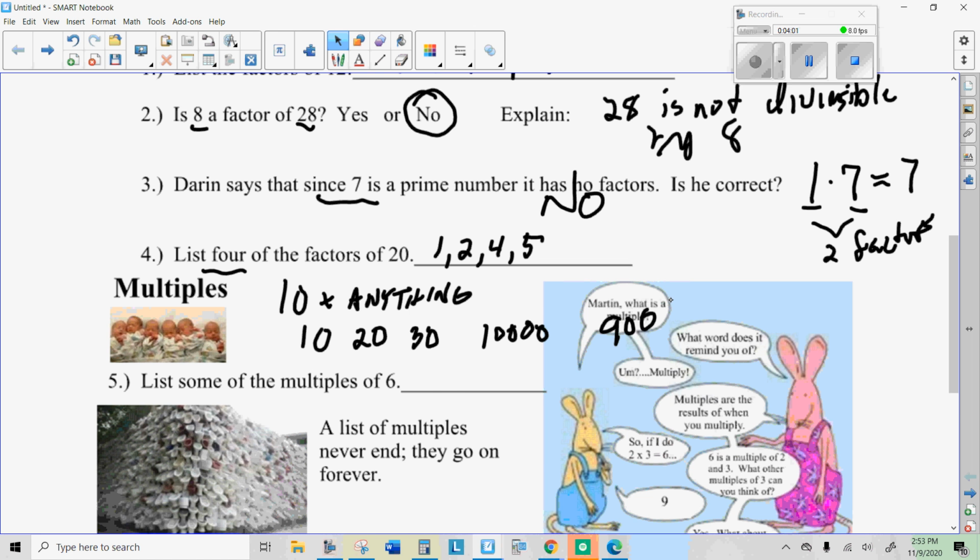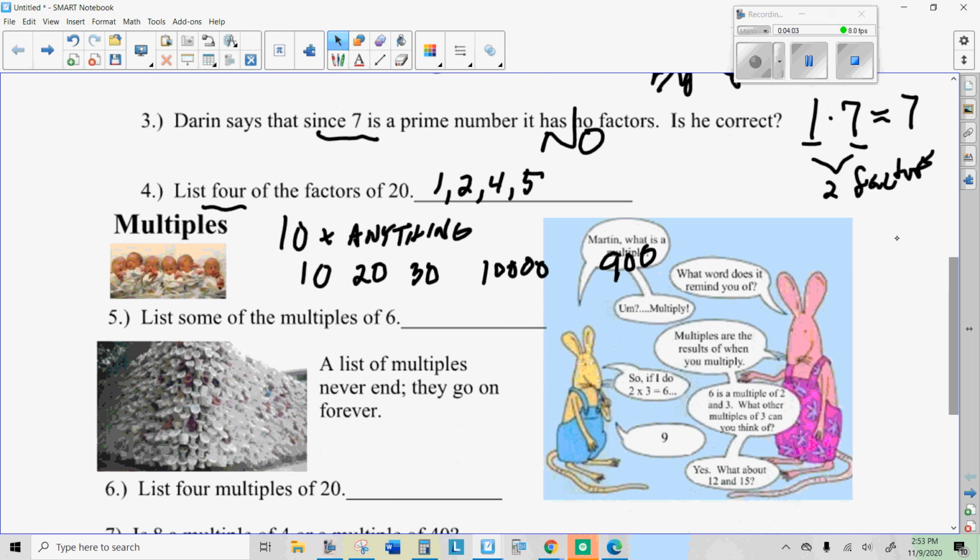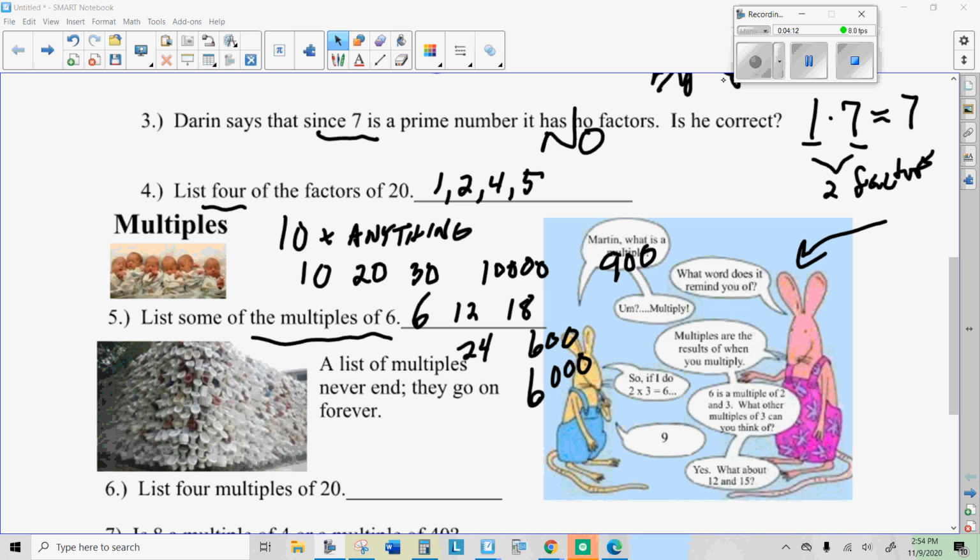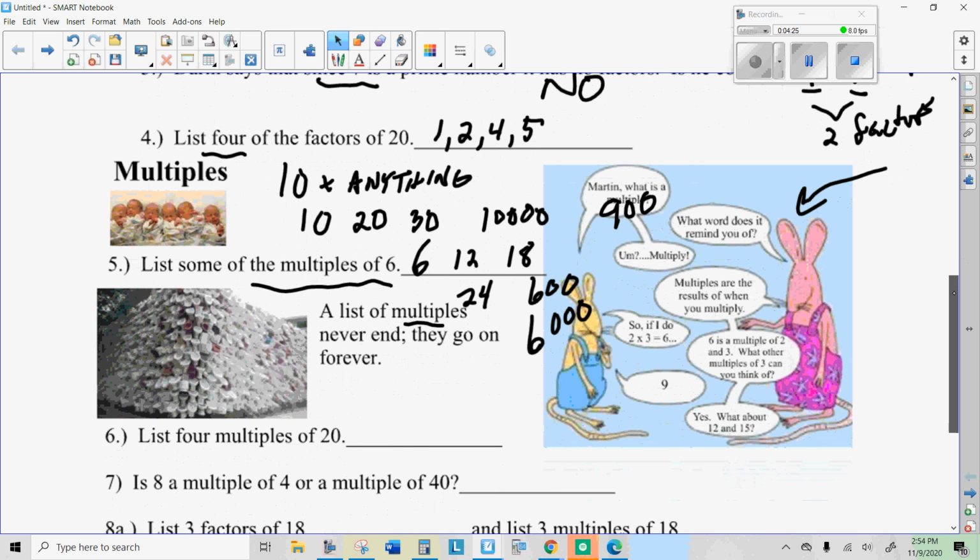So these are all multiples. Okay, check out this for a little bit more about that. So go ahead and list some multiples of 6. You should have gotten numbers like that, and the list of multiples, as you can see, will go on and on forever and ever. There's no end to that, where every number has a certain number of factors.